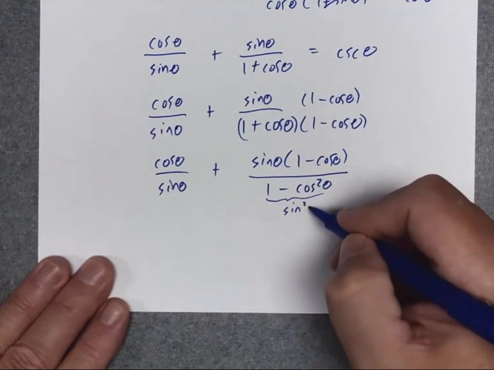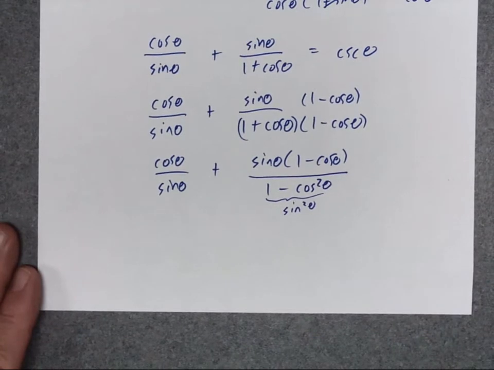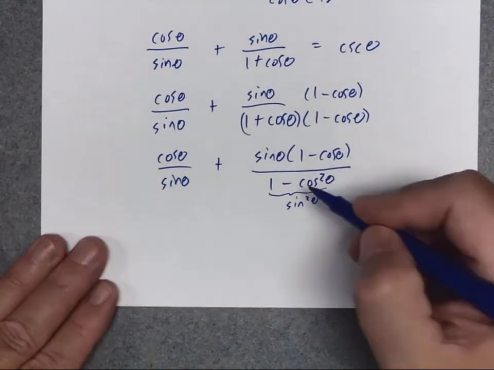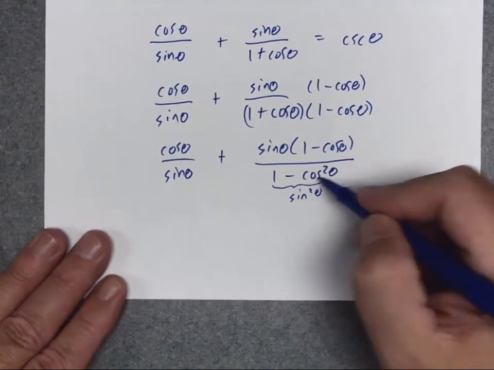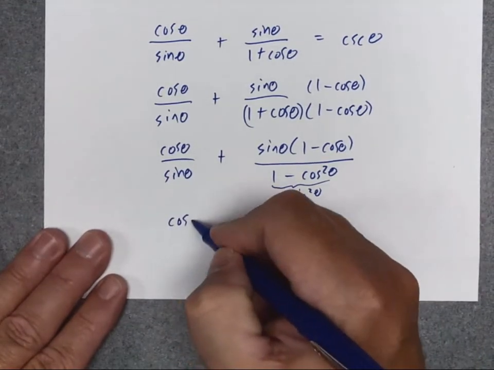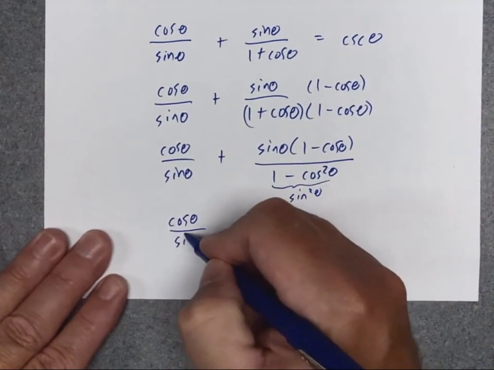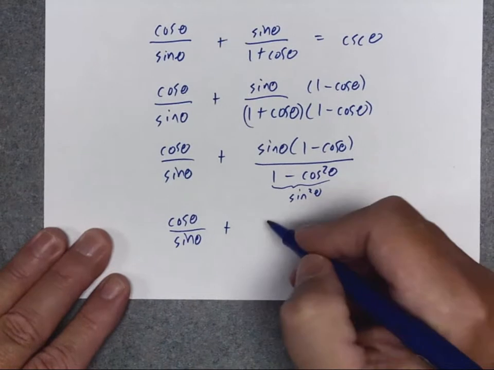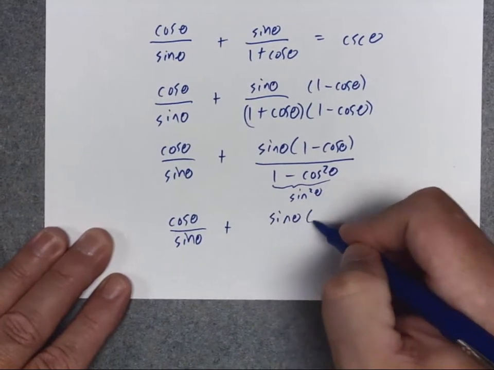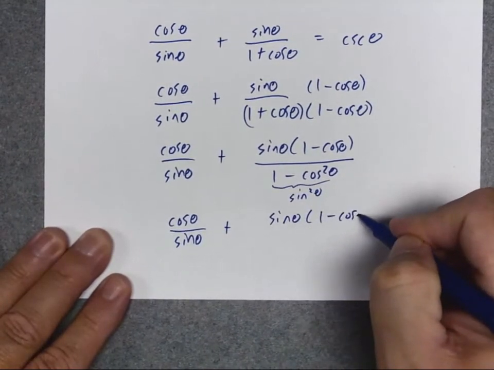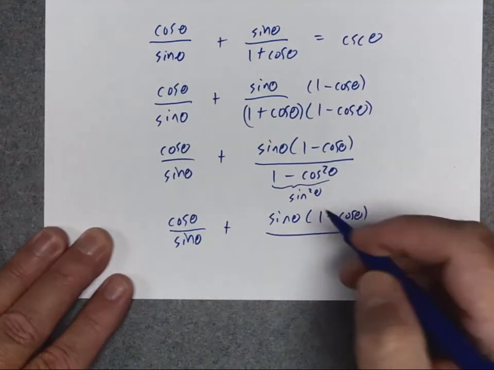You just need to know that. So I'm going to substitute sine squared of theta for this. So sine theta times 1 minus cosine theta over sine squared of theta.